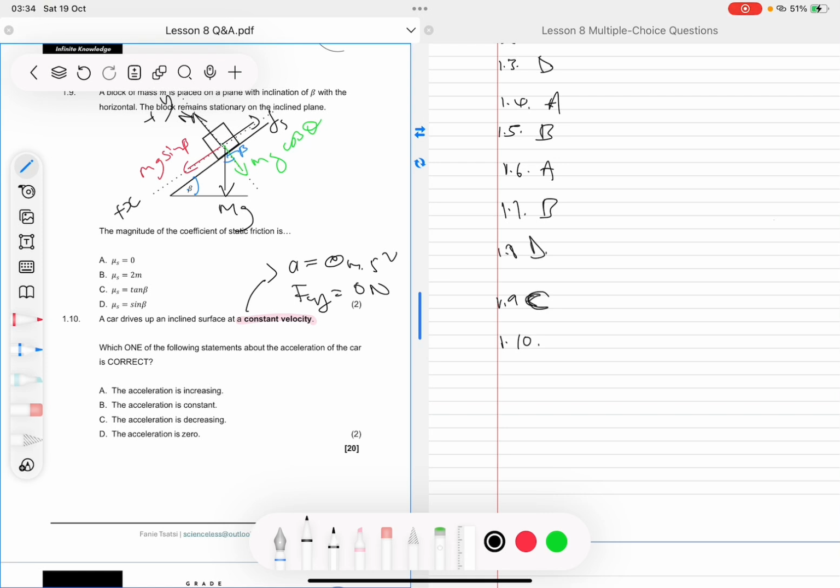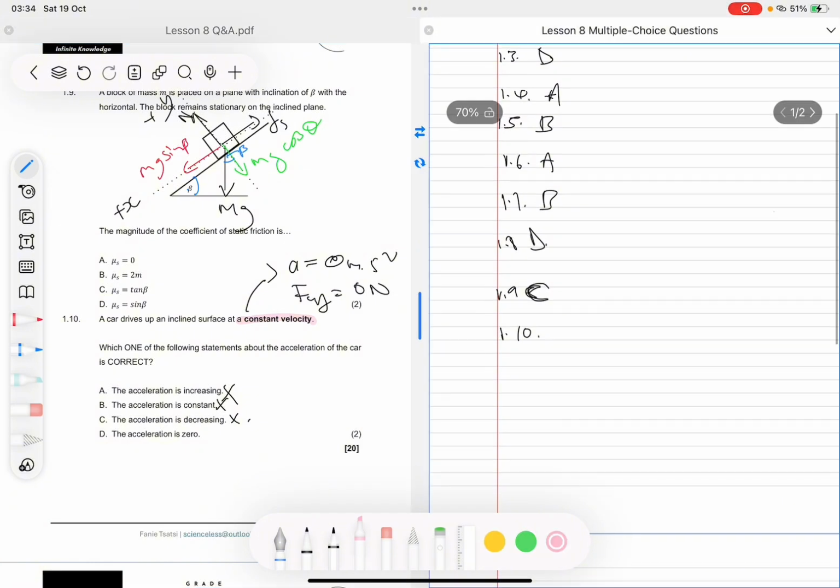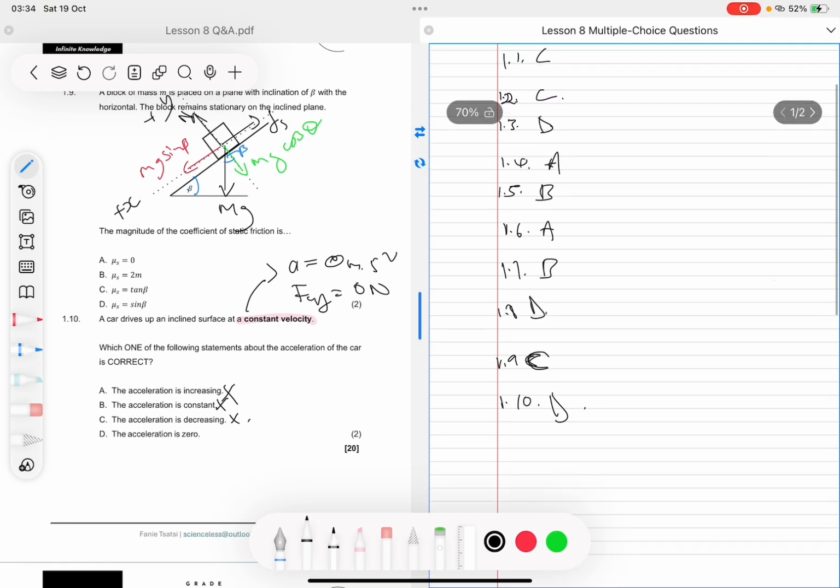Now, they say here now, which one of the following statements about the acceleration of the car is correct? The acceleration cannot increase, the acceleration cannot be constant, right? The acceleration cannot decrease. The answer should indeed be D, where we are saying the acceleration is 0, right?